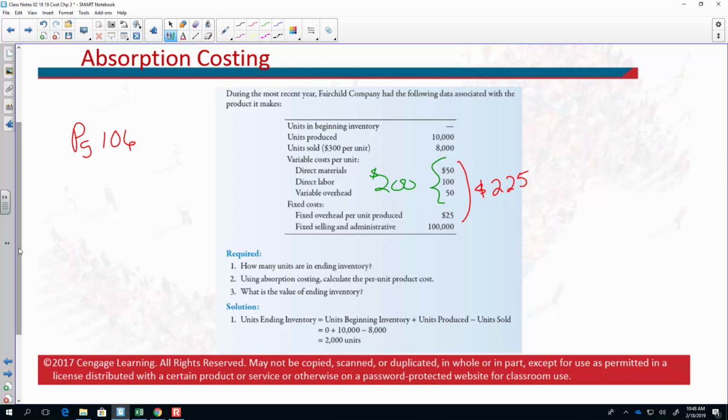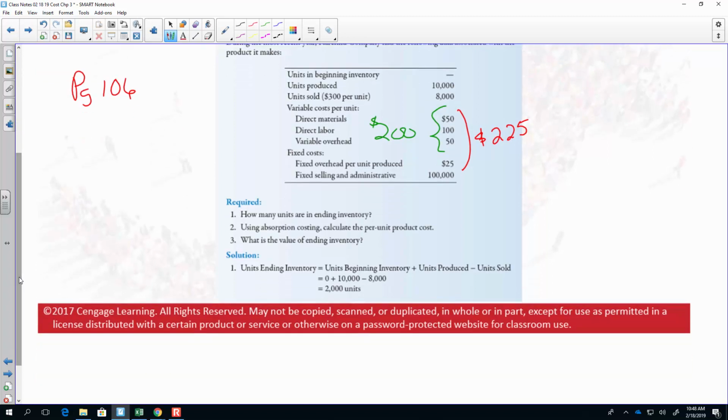They do show a small computation on computing the ending inventory units. So it's beginning plus production minus sold gives us our ending. Please know that also for the test. How do I compute my ending inventory in units? Beginning plus produced minus sold gives us our ending inventory.